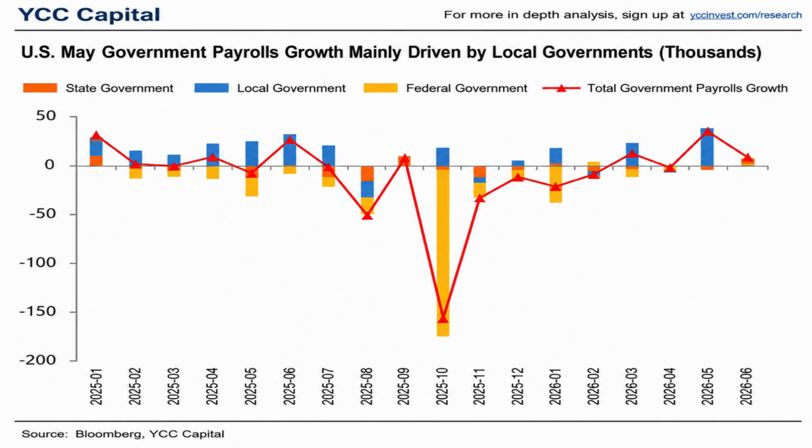Local governments continue expanding employment in education, public safety, transportation, and municipal services as staffing levels recover from pandemic-related shortages. Meanwhile, federal employment remains comparatively stable and contributes far less to overall payroll growth.